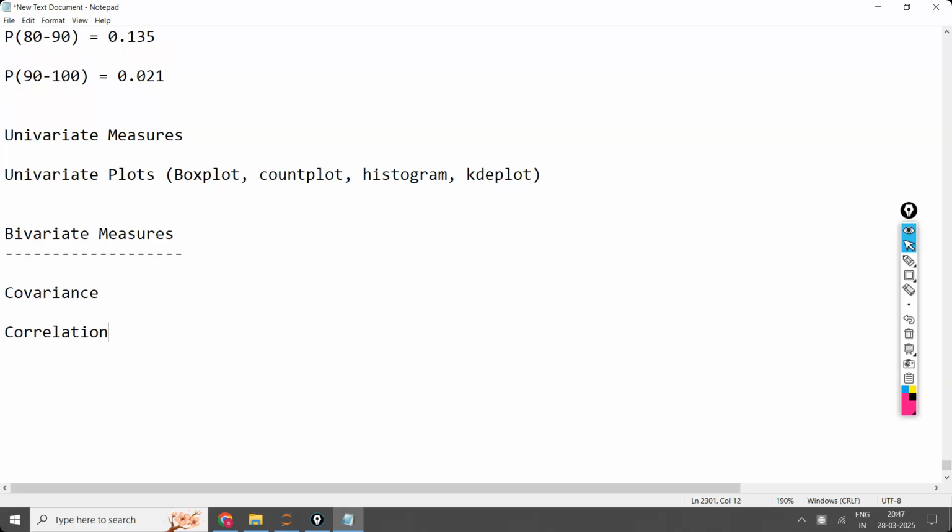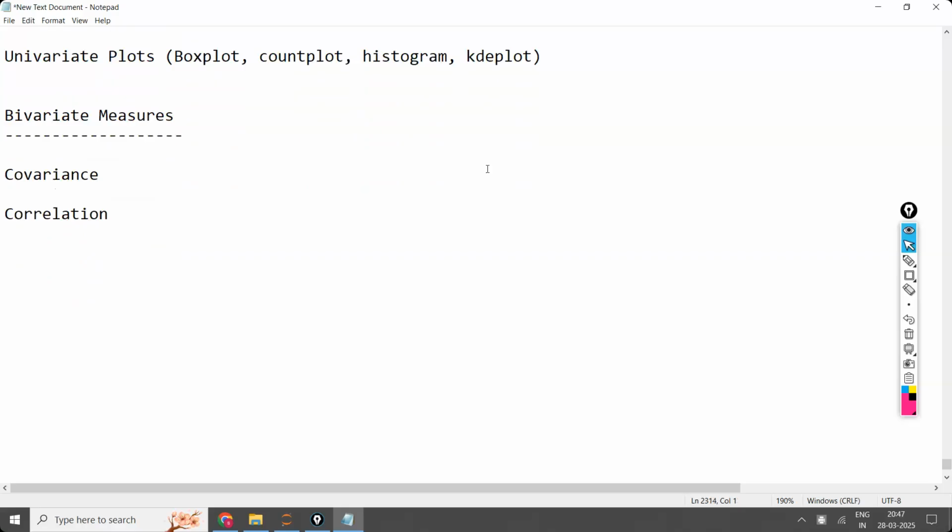These are the two measures applied using two columns at a time. What are the bivariate measures? Covariance and correlation.